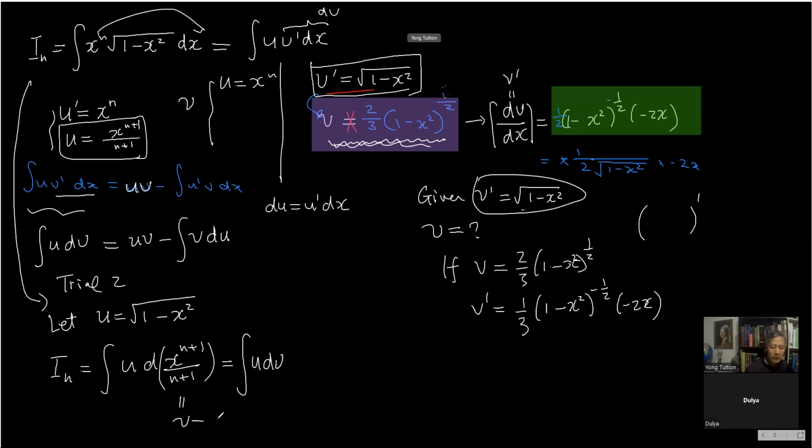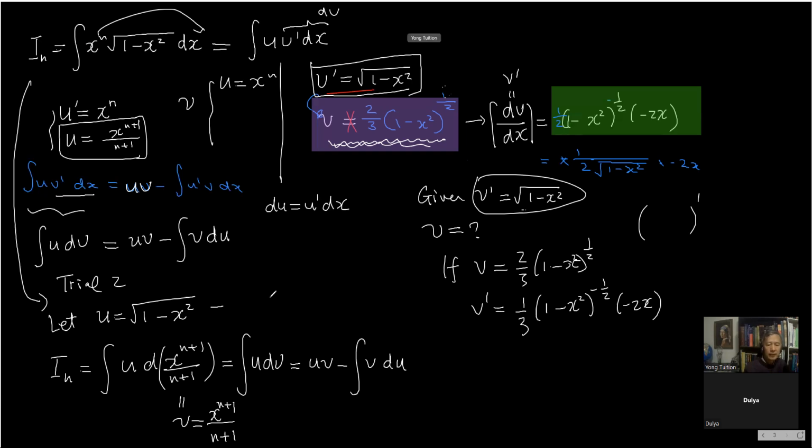V is equal to this function, x to the n plus 1 divided by n plus 1. Can you see that? Then we can use the formula for integration by parts. So that will equal uv minus the integral of v du. Now, what is du?